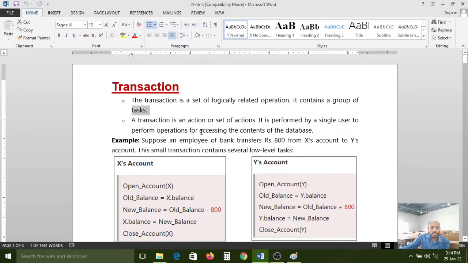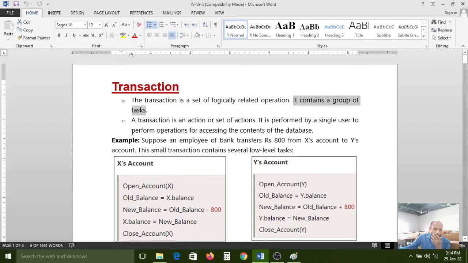But why in the definition is a transaction a set of logically related operations, containing a group of tasks?